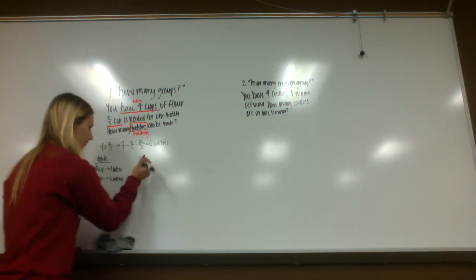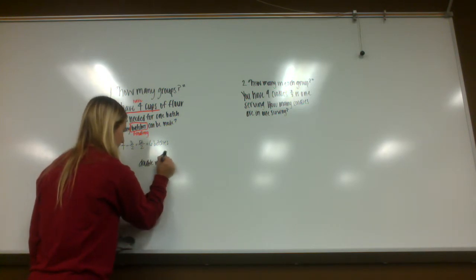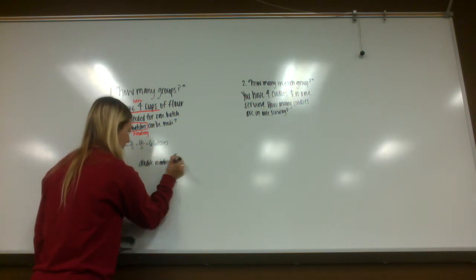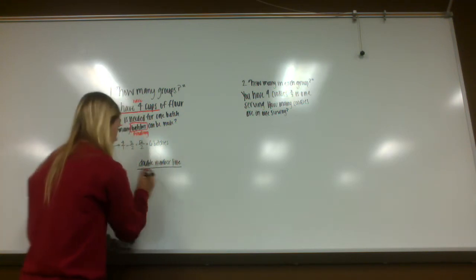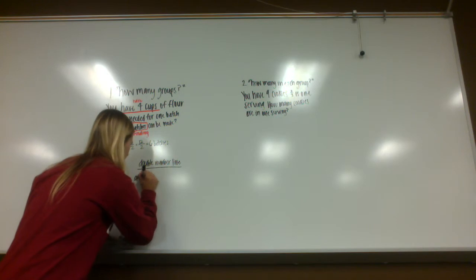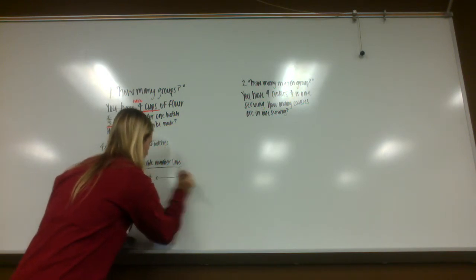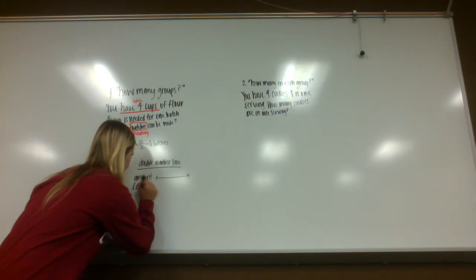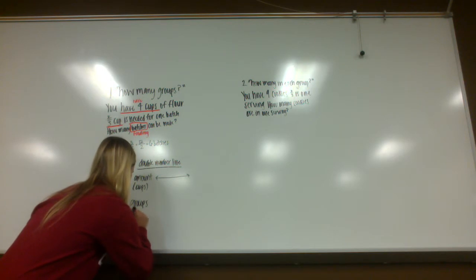And now we're going to use a double number line to represent it as well. I personally think the double number line helps a lot better for a visual. So the amount is the cups, and then we're going to have groups, which are the batches.